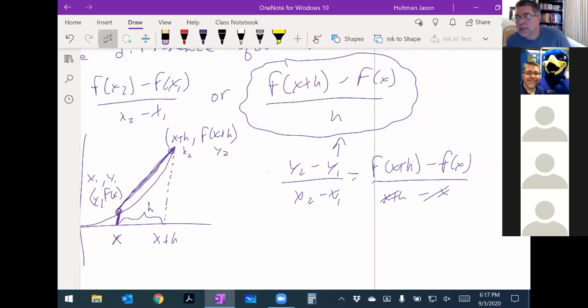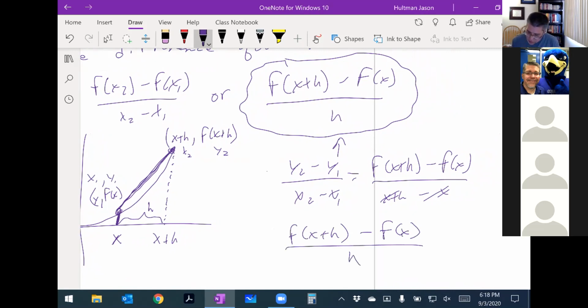That's mean and cruel. I'm sorry. I digress. So f of x plus h minus f of x all over h is the difference quotient that we're going to be using. We call this the difference quotient.